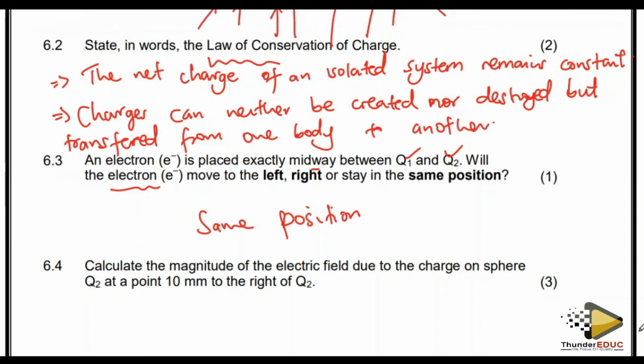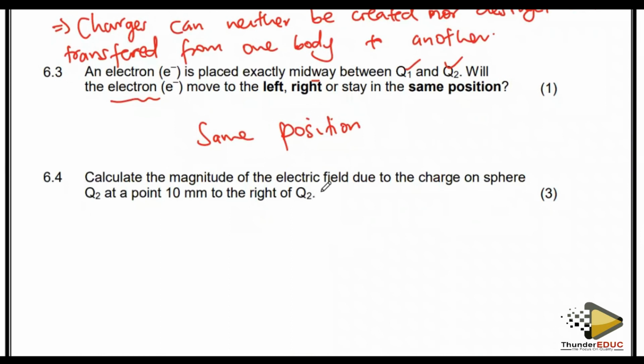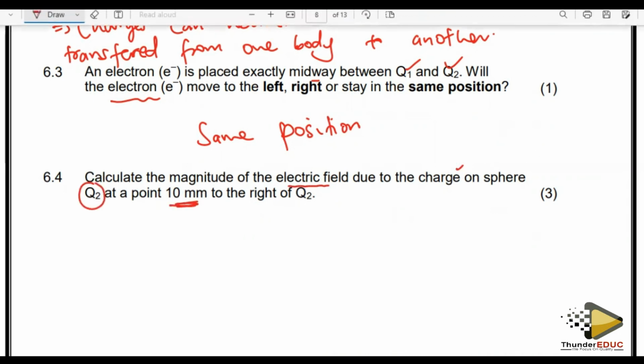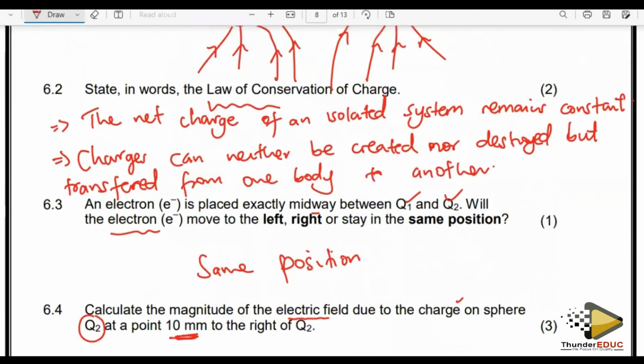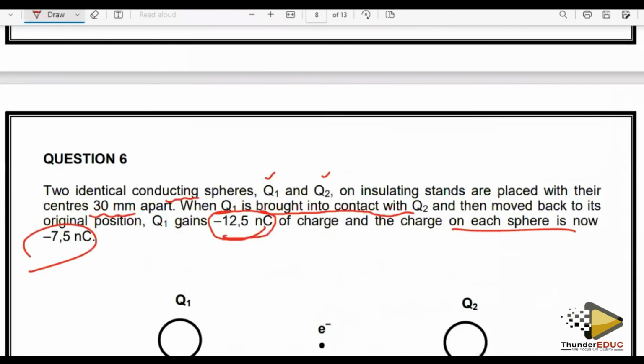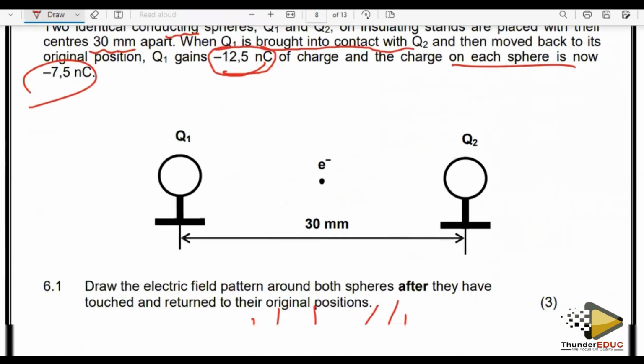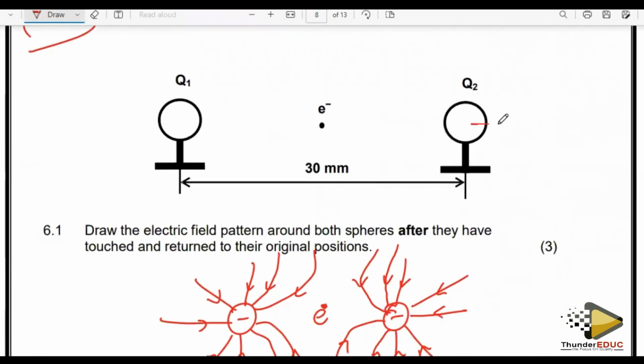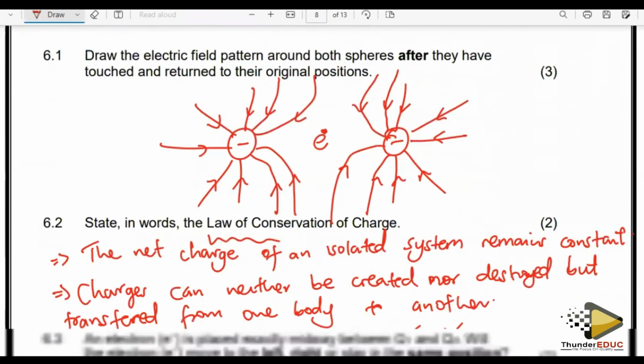Okay, it may be 6.4. Calculate the magnitude of the electric field due to the charge on sphere 1 at a point 10 millimeters to the right. So if we have a point of 10 millimeters, what will it be?